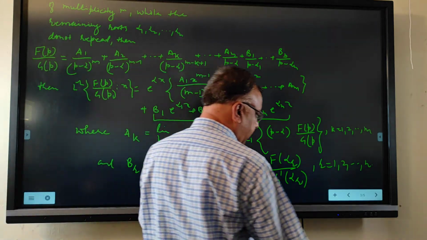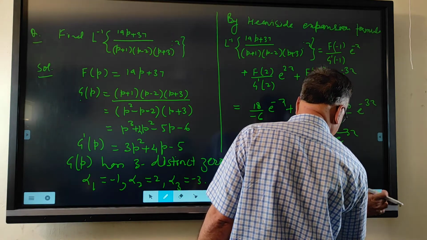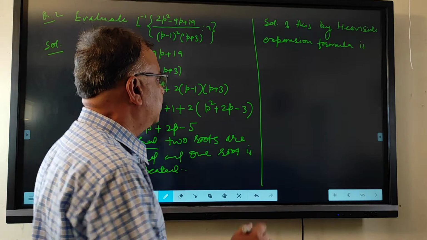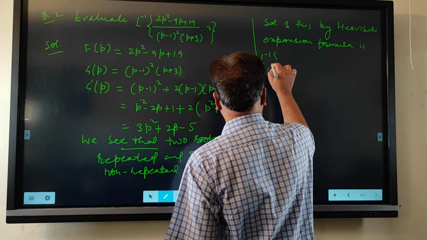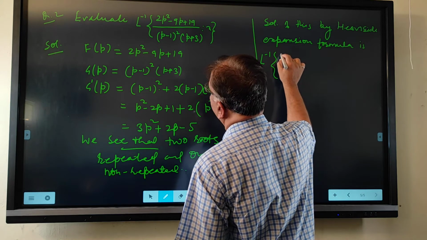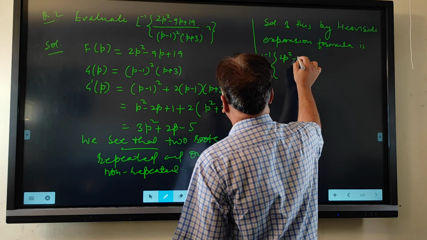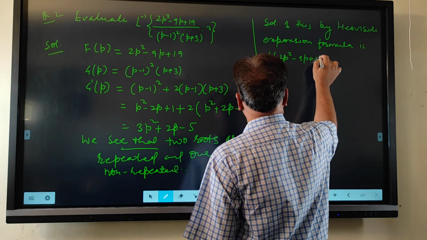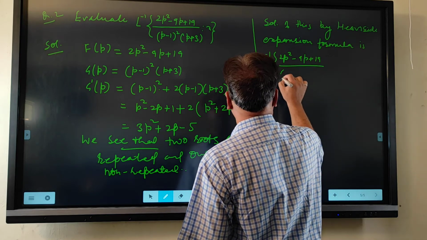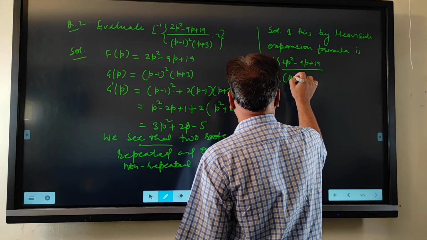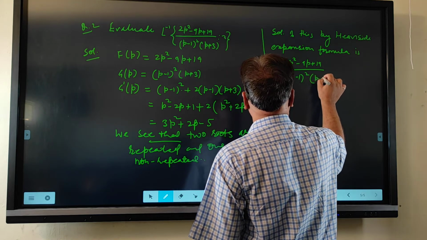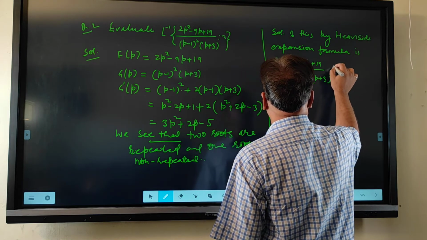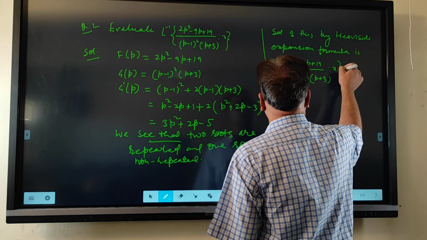Then the solution of this problem is the inverse Laplace transformation of (2p square minus 9p plus 19) upon (p minus 1) whole square into (p plus 3), with respect to x.